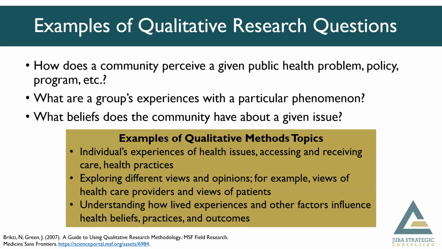What are a group's experiences with a particular phenomenon? That could be a particular health behavior, illness, or disease. What beliefs does a community have about a given issue? You can think about health behaviors as well, for example, exploring infant feeding practices or views around vaccination.